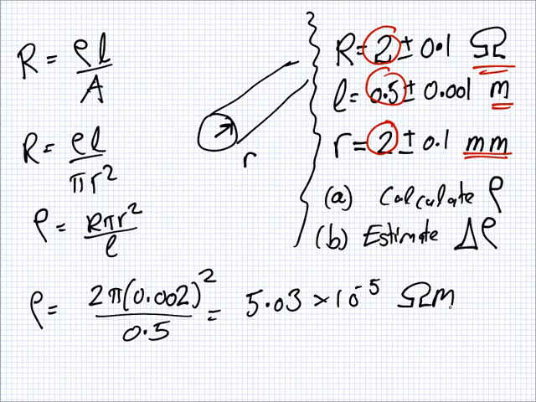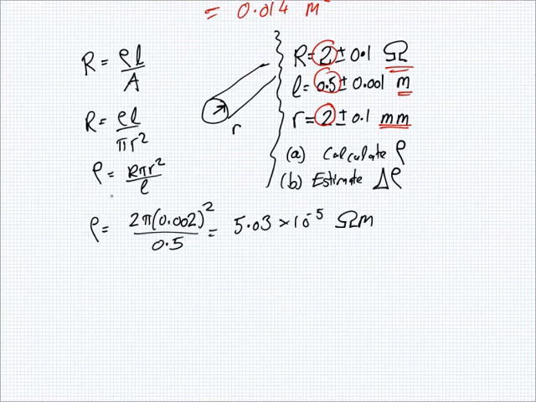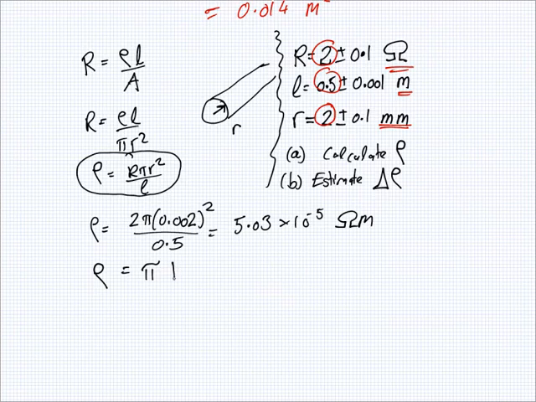Now, the next part. If you look at this formula, you can write it as resistivity equals pi R to the power 1, r to the power minus 2, and L to the power minus 1.